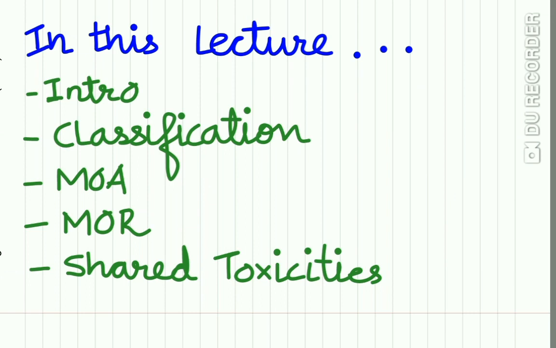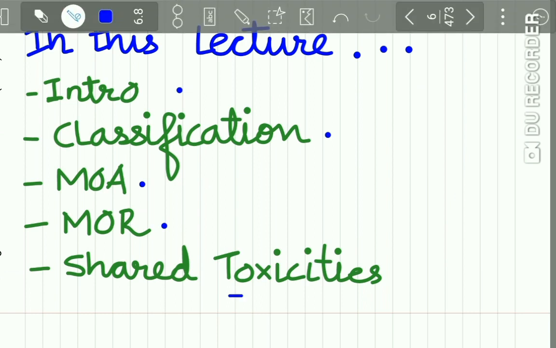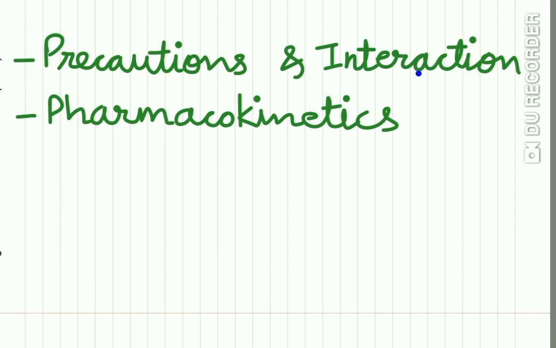So in this lecture, we will be studying the introduction to aminoglycosides. What is the classification of aminoglycosides, the mechanism of action, mechanism of resistance, the shared toxicities of aminoglycosides, then the precautions to be taken while administering aminoglycosides and the interaction of aminoglycosides with various drugs.